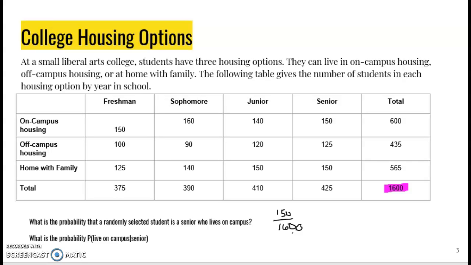Then you would simplify that down as a decimal, or you can leave it as a fraction. Again, it depends on what the question is asking for or how you prefer to write it out. So this would be 0.09375.